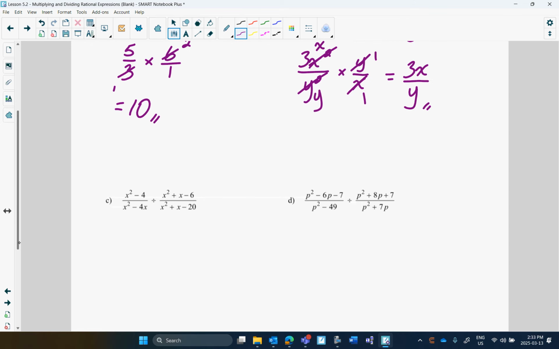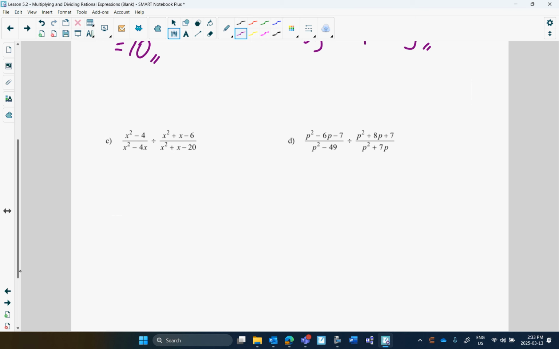Now we go to the bigger ones. When we see big ones like this, when we see we can factor them, that's the very first step we did. So, what does this factor to? Let's do x minus 2. Bottom, GCF, so x times x minus 4.